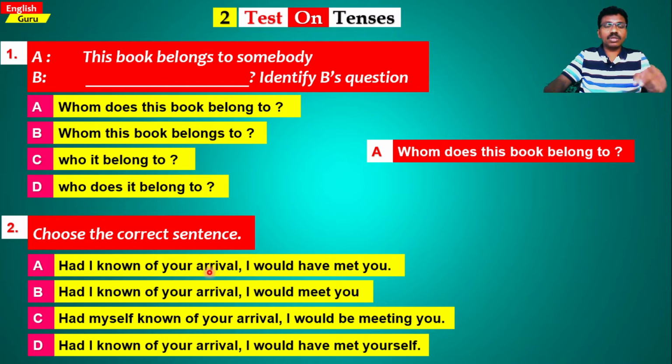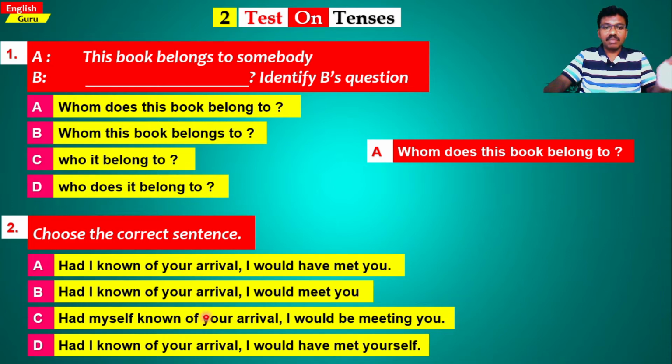If the if clause has past perfect tense, the main clause should have would plus have plus verb 3. All the four options have if clauses in past perfect tense.